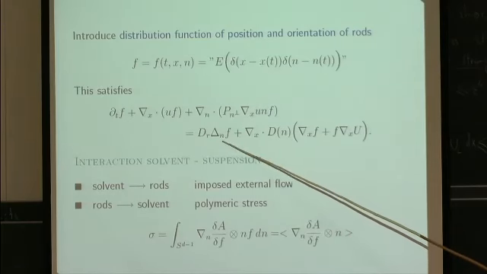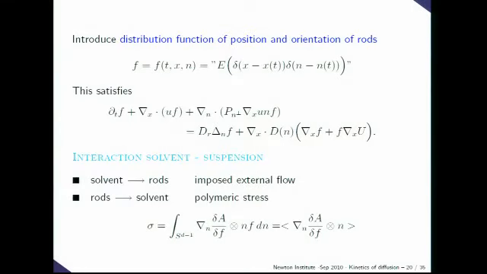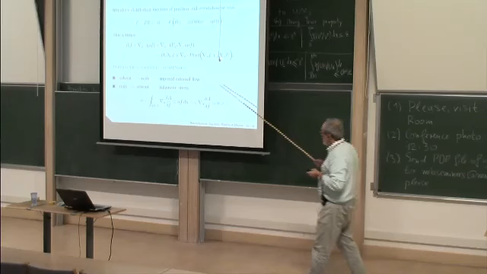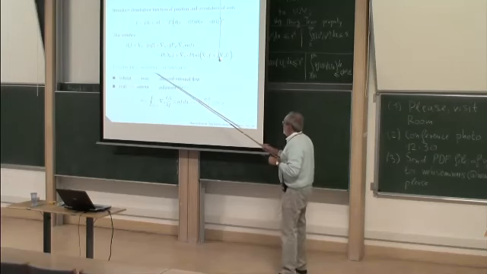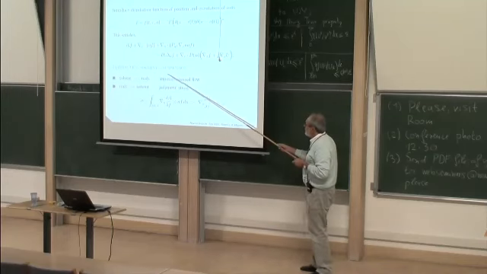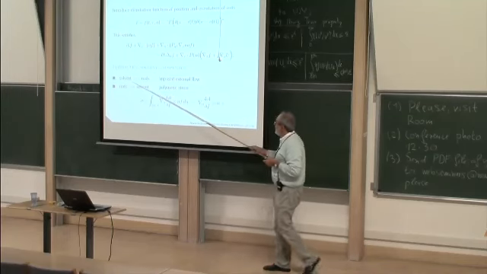Well, a Laplace-Beltrami operator on the sphere here because of the rotational diffusion, and a term because of the translational diffusion, and this term here is the transport because of the gradient of the field that is outside, let's say a gravity field. Okay, and then one needs to understand the interaction of the solvent and suspension.